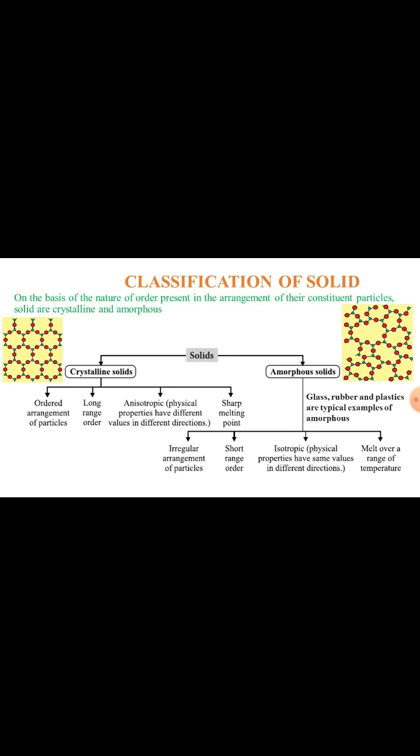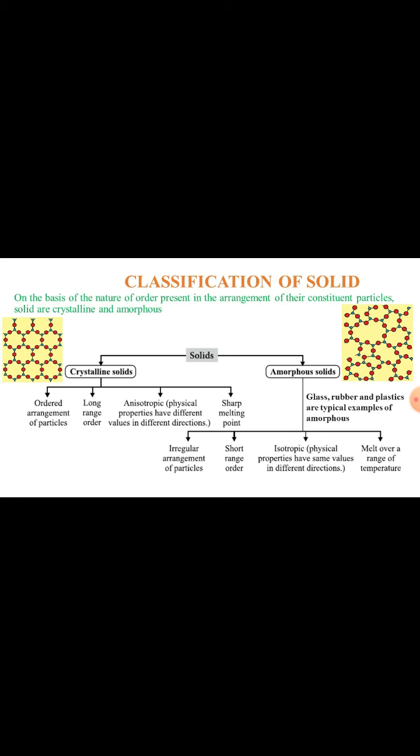Now classification of solid on the basis of nature of order present in the arrangement of their constituent particles. Particles may be atoms, molecules or ions. Solids are crystalline and amorphous. Now look at the diagram.